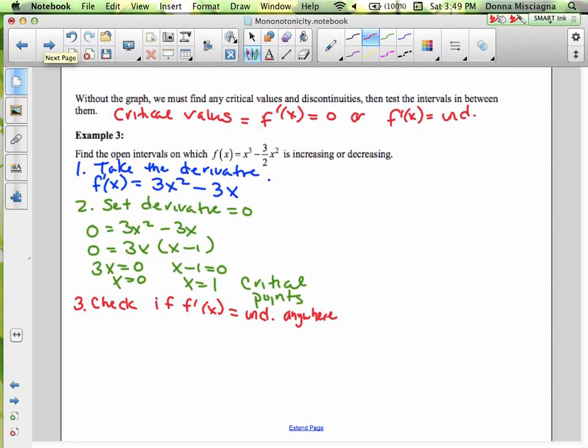If it's defined, it doesn't have any critical points here. If there's any places where our derivative is undefined, then we'll have critical points. All right, is our derivative ever undefined? Well, no, this is not applicable, because polynomial functions are differentiable everywhere.